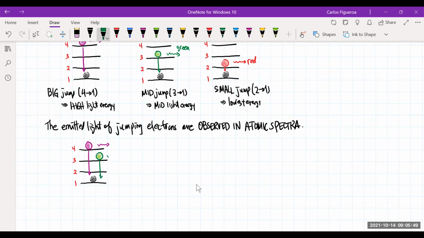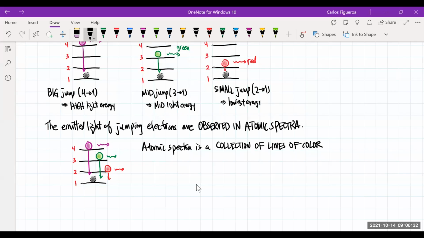So what's it going to do? It's going to emit that green light. And if I look at this guy, and it jumps down, then we know it has to emit the red light like this. So atomic spectra is a collection of lines of color.